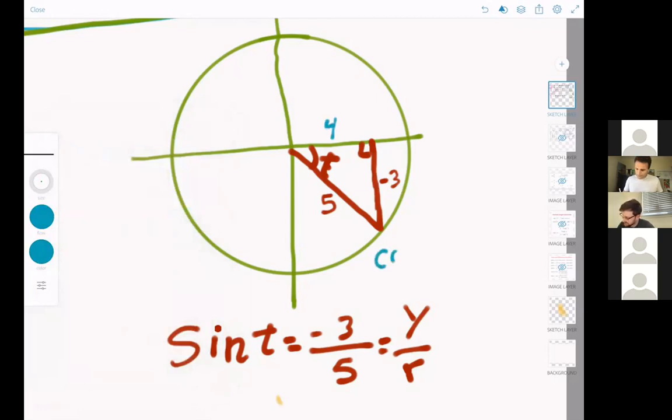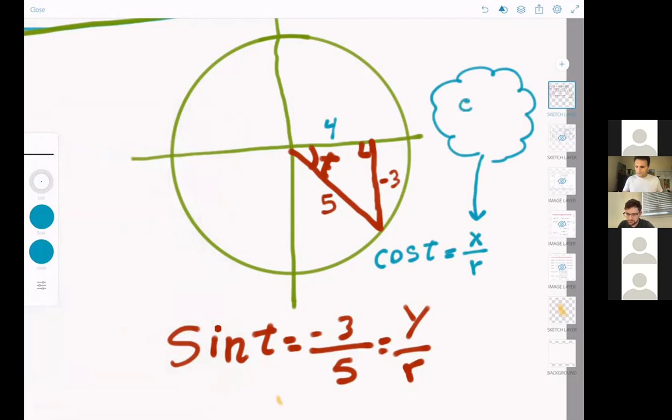Now, cosine of t will be x over r. Where do I know this from? We know this from chapter 1.